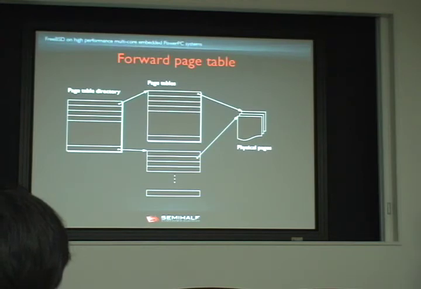The hardware doesn't impose any restrictions on the software, so we can implement the page table however we like. The traditional PowerPC had to use an inverted page table because the hardware also imposed certain requirements per PTE, the page table entry structure. So the old PowerPC was just less flexible.